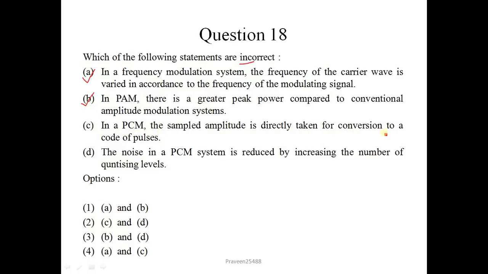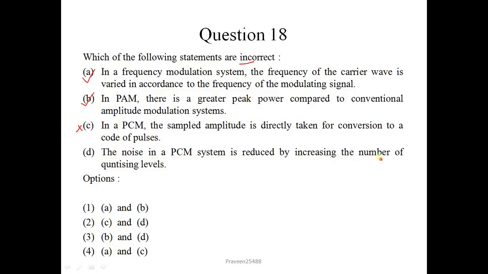So this is incorrect, because in pulse code modulation, PCM, after sampling we quantize it to convert it into levels, and encode it and then send it in the form of digital codes. So after sampling we quantize it. The noise in a PCM system is reduced by increasing the number of quantizing levels.